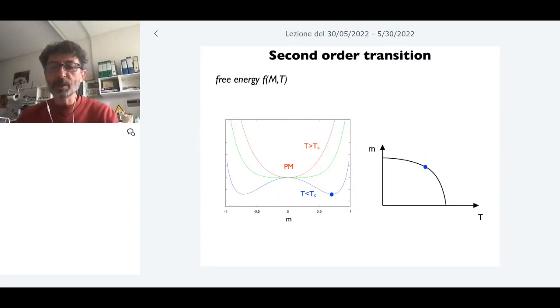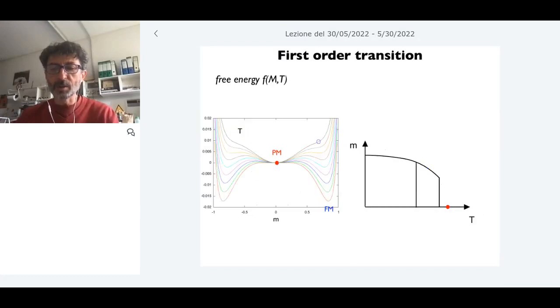This is the definition of second order transition. And what we have if we have a first order phase transition, a magnetostructural transition, is hysteresis as a function of temperature, because not only do we pass from order to disorder, but we pass from one phase to another phase.